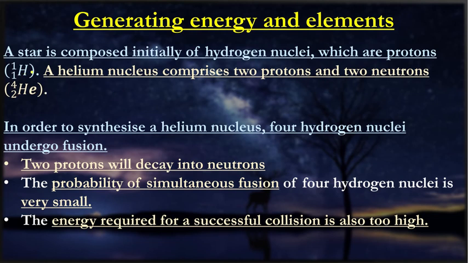So our objective is to get from 4 of these to these, but the science says the probability is very low for them to get there straight away, and the energy required to make them collide correctly is also very difficult. So the barriers are too high for this to go to this. So the universe has created different methods in which that can be done.